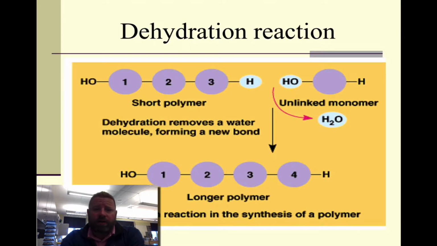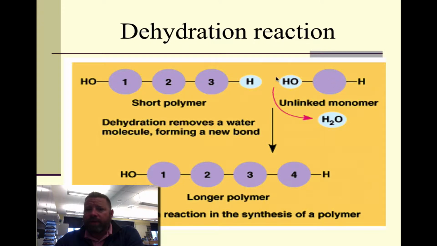So here's a quick description of what you're going to see here. We have three different small units. Each one of these units is one monomer. We have monomer 1 stuck to monomer 2, stuck to monomer 3. Black lines represent covalent bonds. On either side of the polymer that's been created, numbers 1, 2, 3, there's a hydroxyl on one side, H on the other.